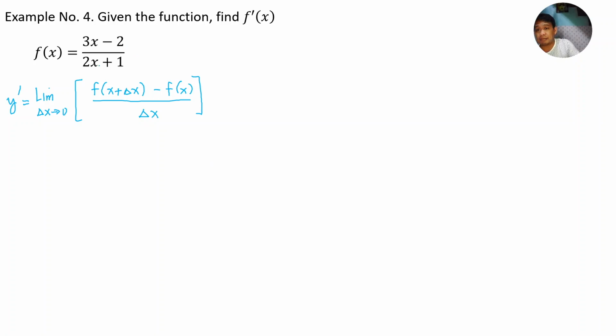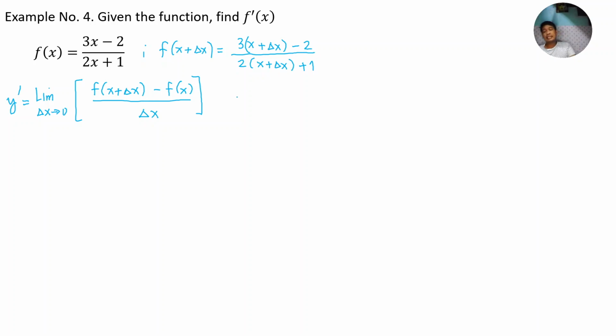But f of x is 3x minus 2 over 2x plus 1. Then f of x plus delta x is equal to 3 times x plus delta x enclosed minus 2 all over 2 times x plus delta x enclosed plus 1.